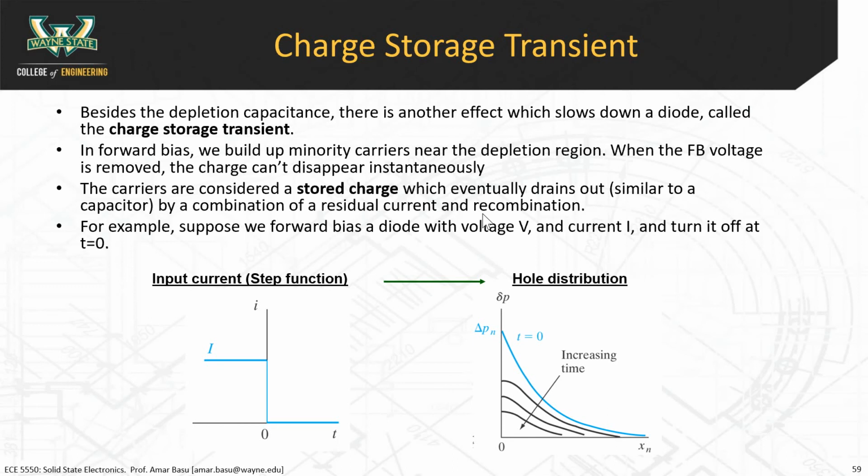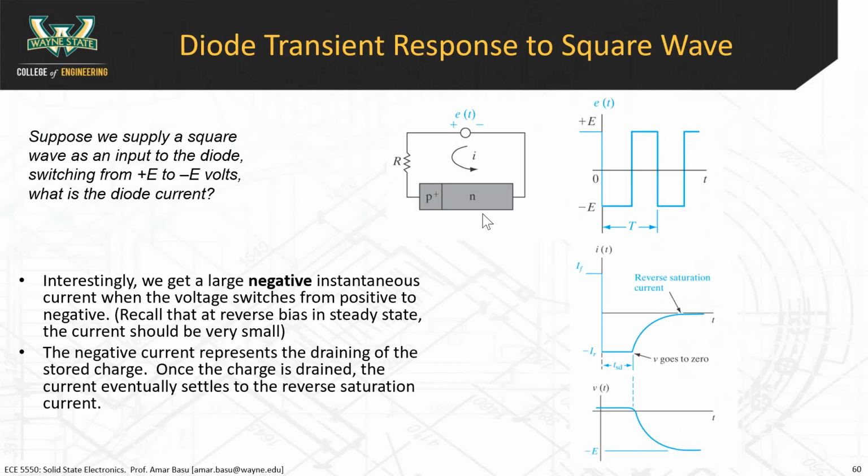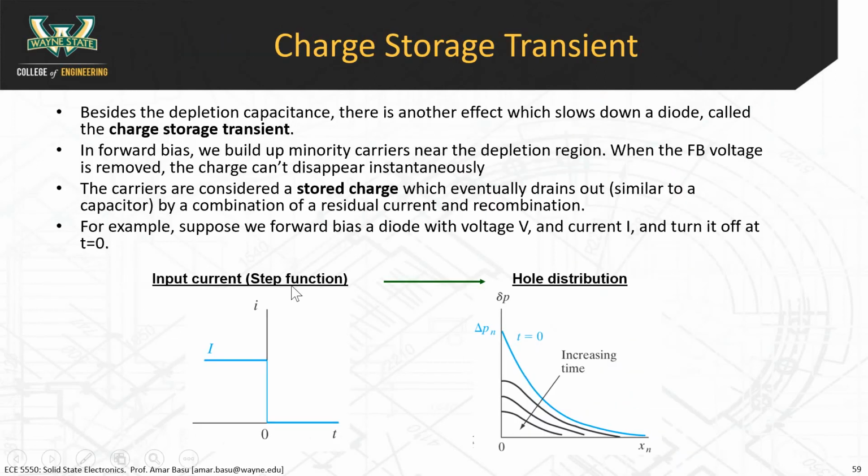All we did is derive a formula for the depletion capacitance. With this one, I want you to understand things a little bit more at the physical level. This is a charge storage transient. It's another effect which slows down the diode.